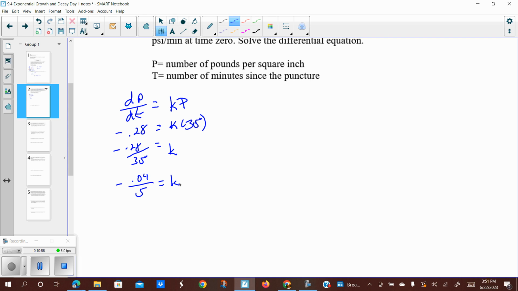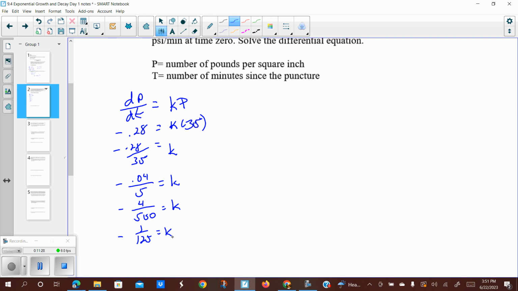Then you could multiply the top and the bottom by 100 to get rid of your decimal. So then you would get negative 4 over 500, and 4 does go into 500 125 times. So that would be negative 1 over 125 equals K. As a decimal, that works out pretty nicely, I think it's negative 0.008 or something like that. I'm not using it, so it doesn't matter what the decimal is.